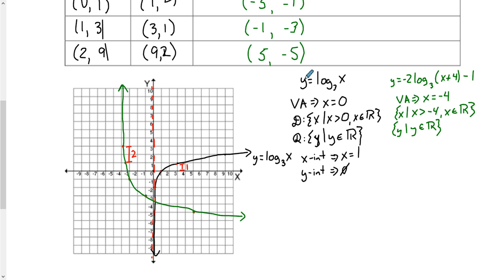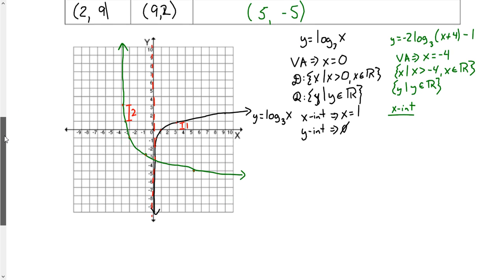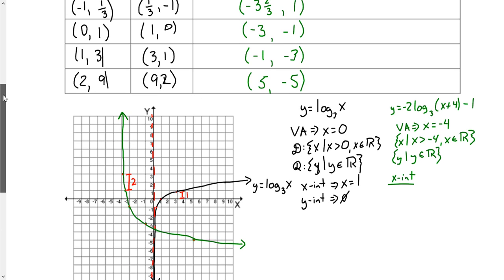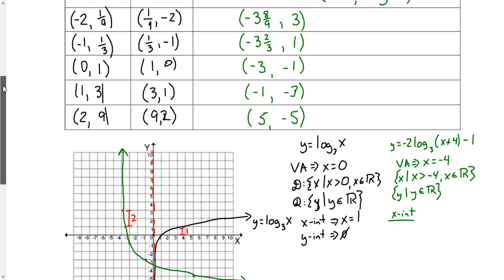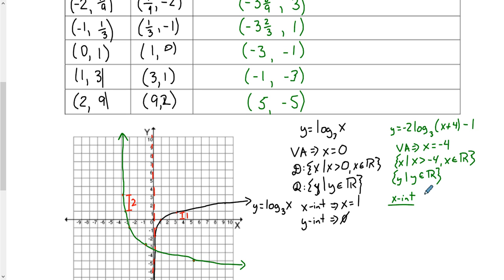All right, so if I want to find out my x-intercept, this is going to be something that does take a bit more work, and that's why there is a whole bunch of space here. In any equation, you can always find out x-intercepts by setting y equal to 0.